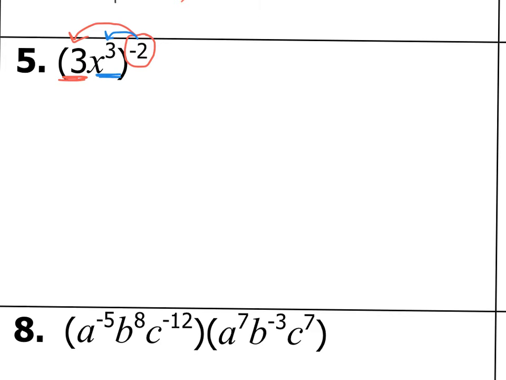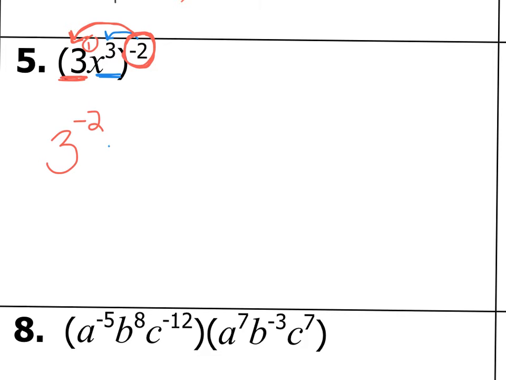So first I'm going to start with this 3. So this 3 has an exponent of 1. So 3 to the power of 1, if I distribute the negative 2, 1 times negative 2 gives me negative 2.